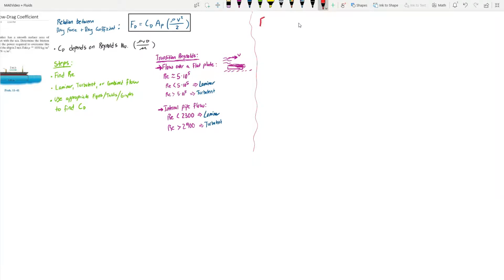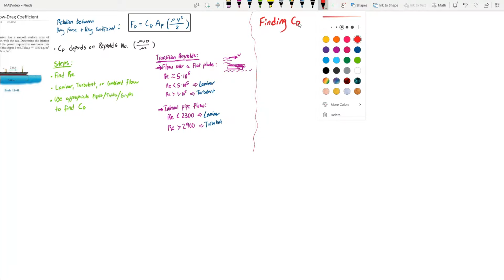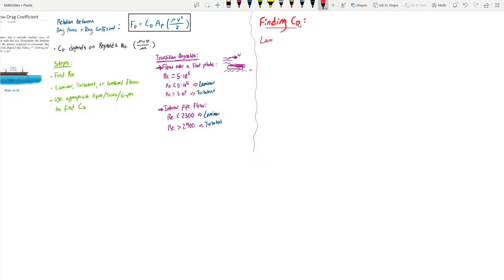Okay, so to find the drag coefficient, what we would do is, obviously you already figure out if it's laminar or turbulent.